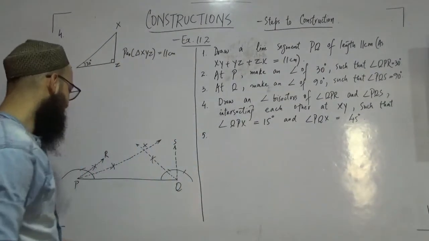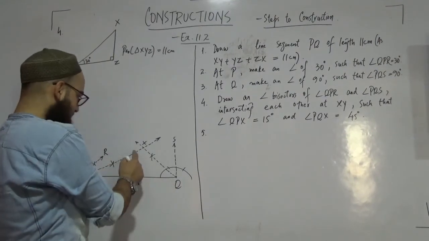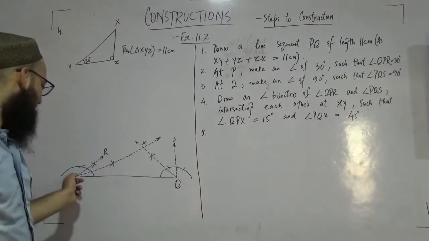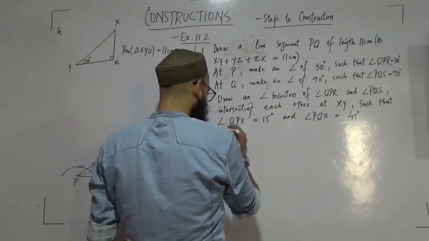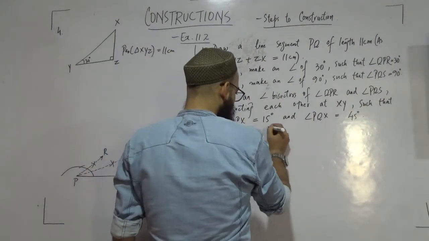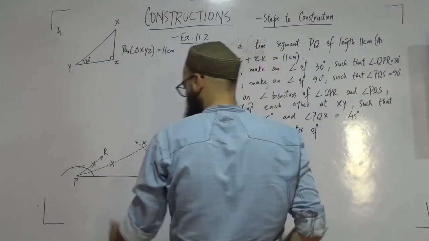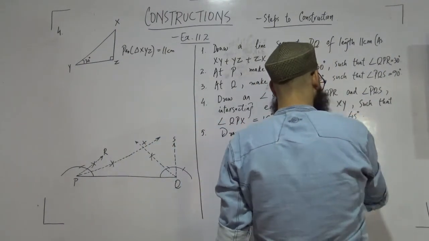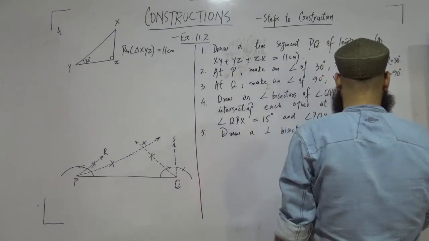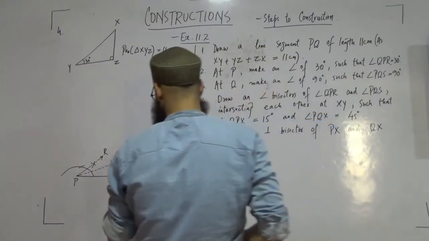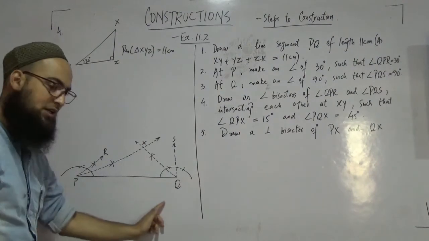Now the next thing is draw a perpendicular bisector of PX and XQ. Perpendicular bisector of PX will go like this and it will intersect PQ at some point.